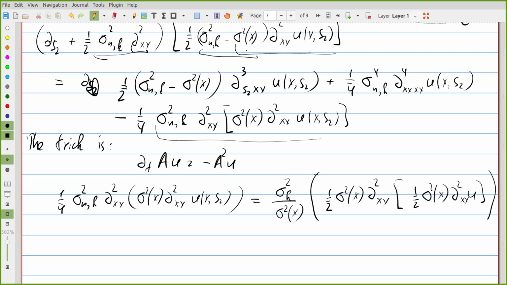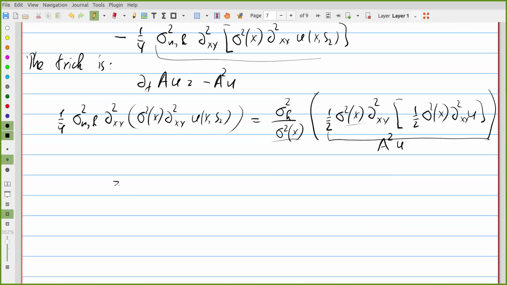I just divided and multiplied by this, but this is exactly A u in our case. So it's just minus σ² η_nk divided by σ² x.